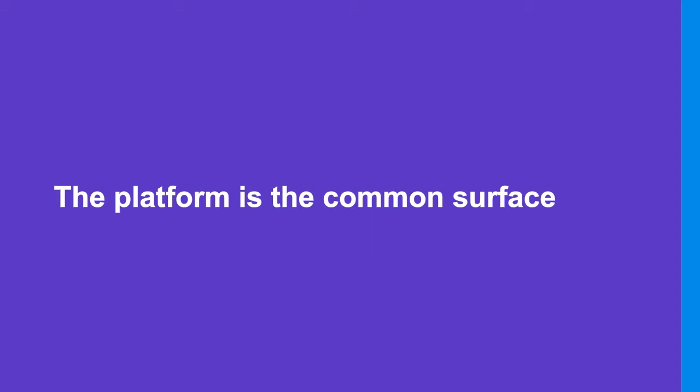It means that both the things above and the things below that common surface can change and grow and evolve, but that common surface remains constant, and it really gives you the ability to dependably build on that common surface and know that you're going to be future-proof.